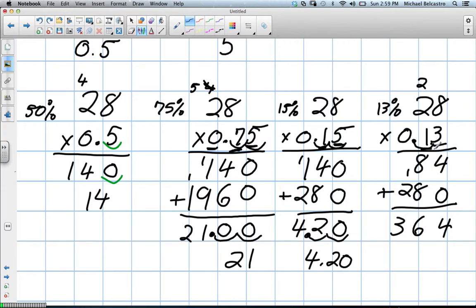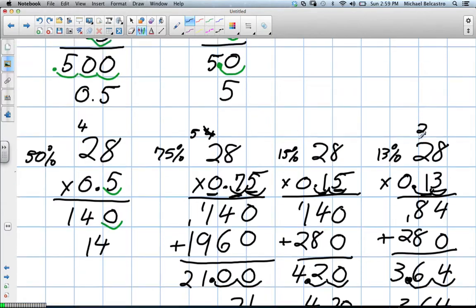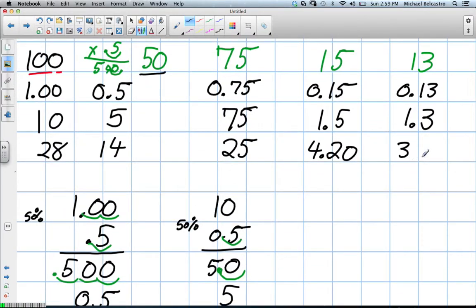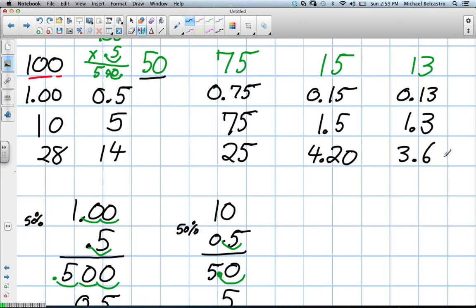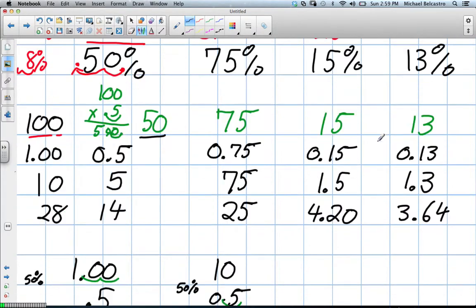So how many decimal places? 2. Decimal 3.64. So was tax more or less before? Look at our new one. It was more before. Yeah, we used to pay more, and now we pay a little bit less. Not by much.